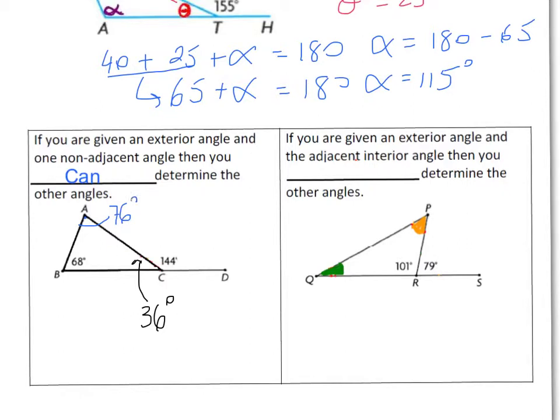76 degrees. If you are given an exterior angle and the adjacent interior angle, which is 101 here, then you cannot determine the other angles. So here we know that 101 plus 79 gives us 180.